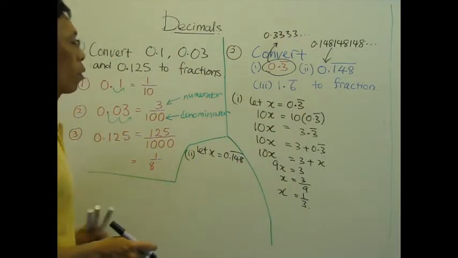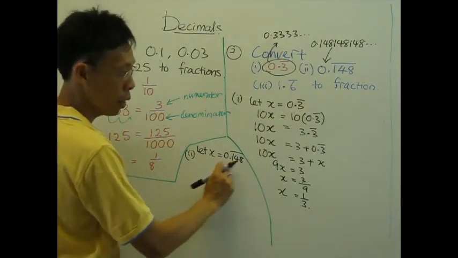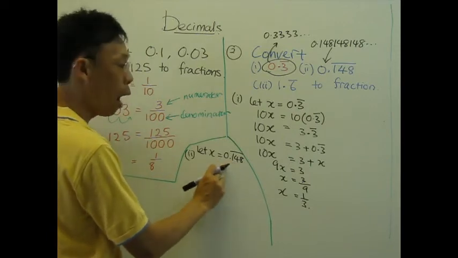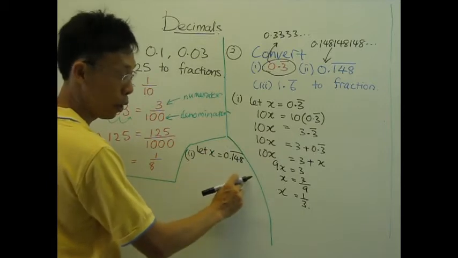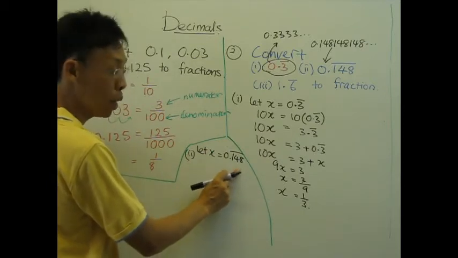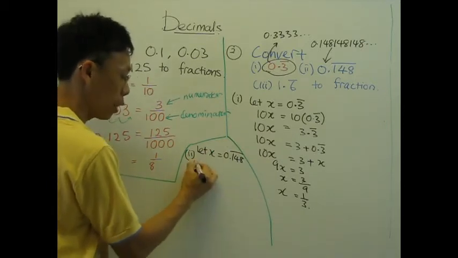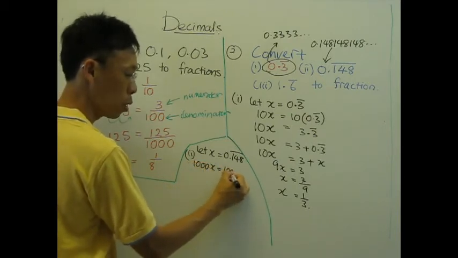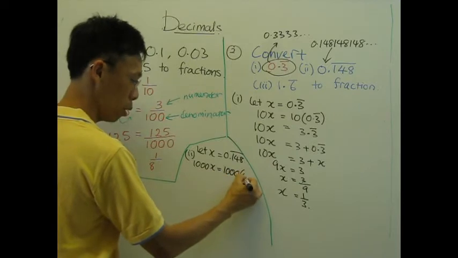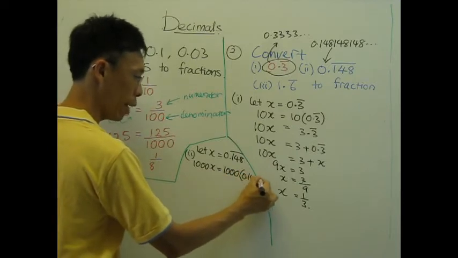So this is 3 decimal places, so I will need to multiply by a number that has 3 zeros in it. That will be 1,000. So 1,000x equal to 1,000 times 0.148 bar.